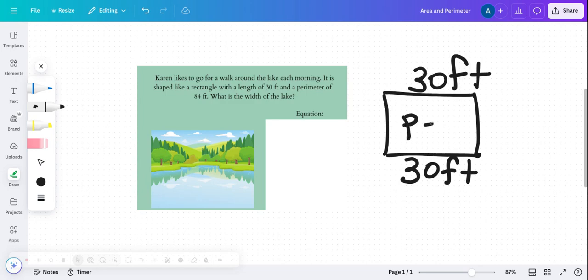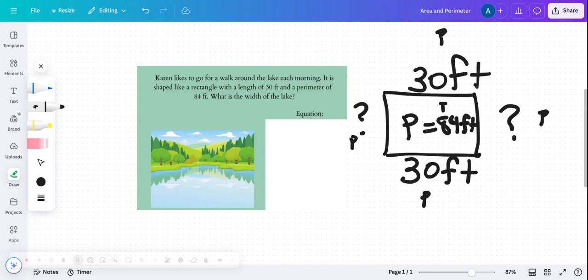So P equals 84 feet. That's our total whenever we're thinking about parts and totals. And then our width is missing, so I'm going to put a question mark there, question mark there. Relating this back to parts and totals, my lengths are parts, my widths are parts, and my total is my perimeter, which is in the center.